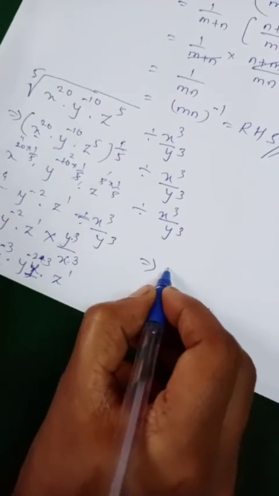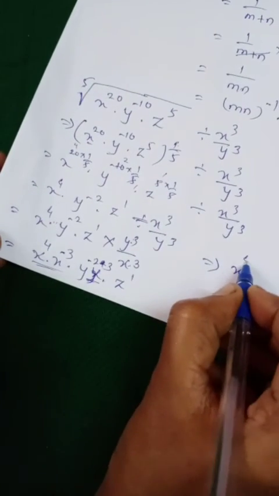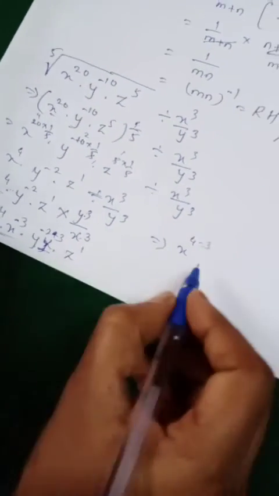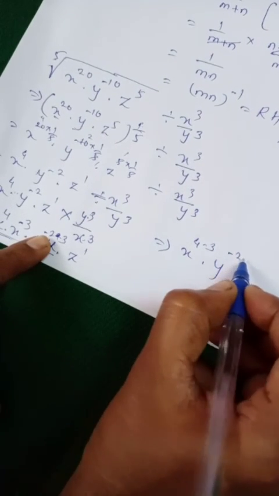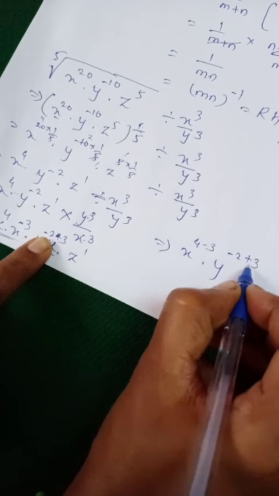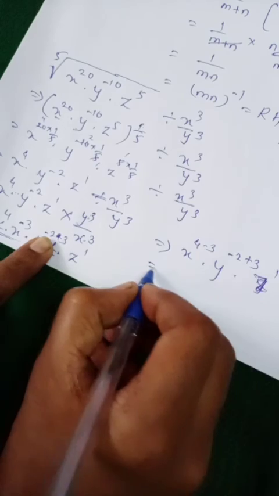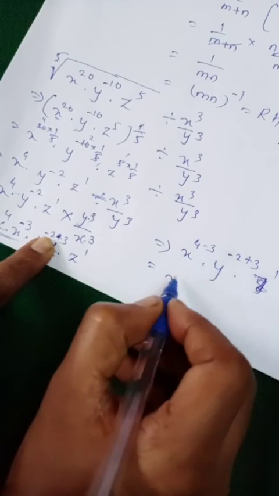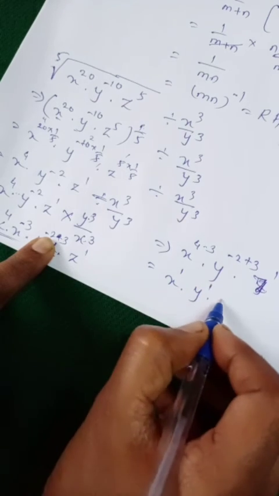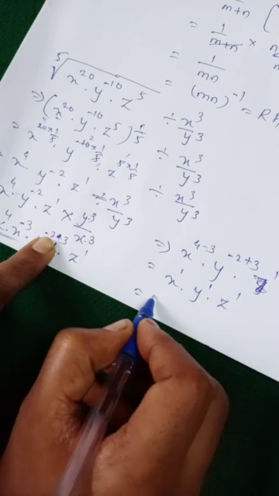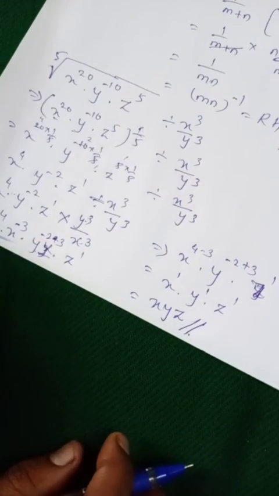This implies x to the power 4 minus 3, then y to the power minus 2 plus 3, and z is only 1. So x to the power 4 minus 3 is 1, then y to the power minus 2 plus 3 is 1 again, z to the power 1. So this is nothing but x, y and z is the answer.